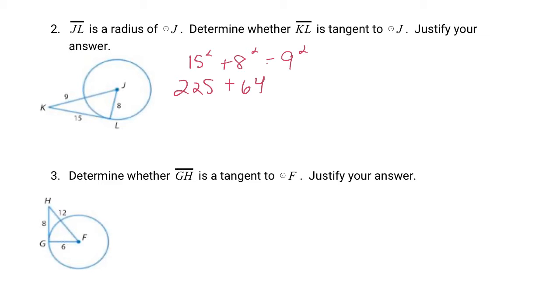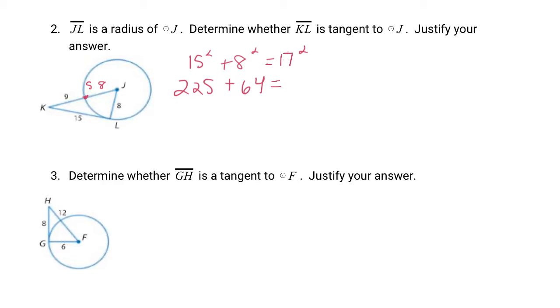Oh, I made a mistake. I'm going to call this point S. JS is another radius, and if JL is 8, JS is also 8. So this is not going to be equal to 9 squared. It's going to be equal to 9 plus 8 squared, or 17 squared.